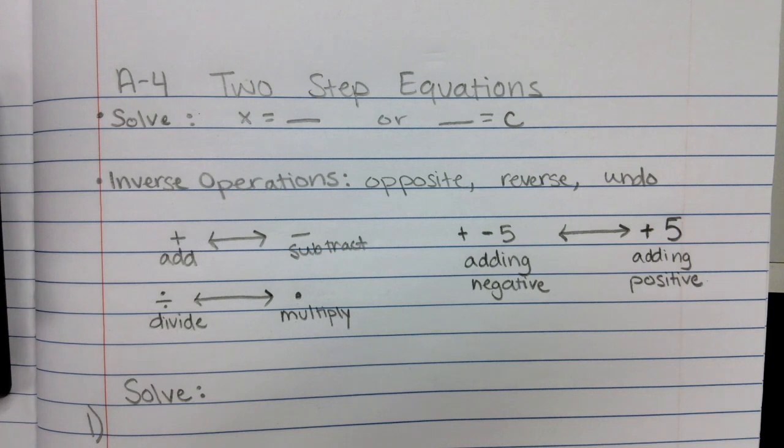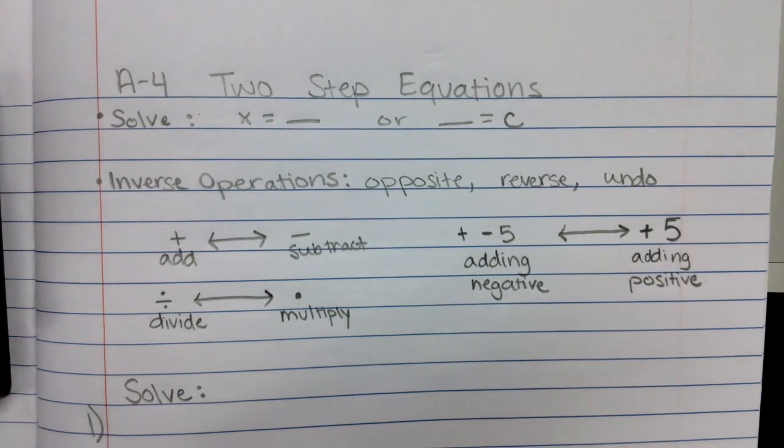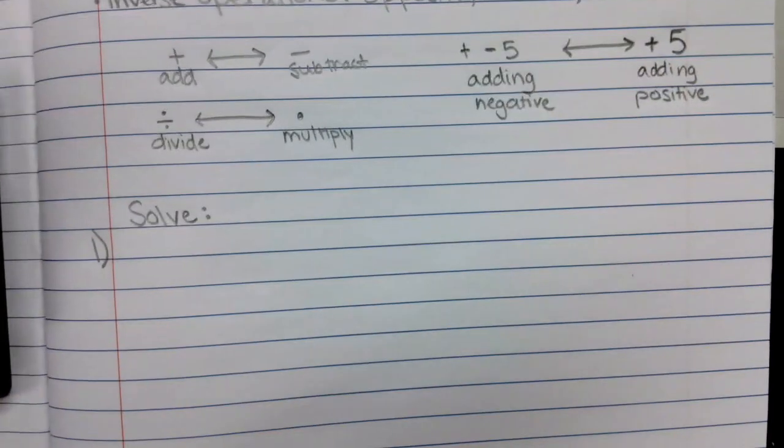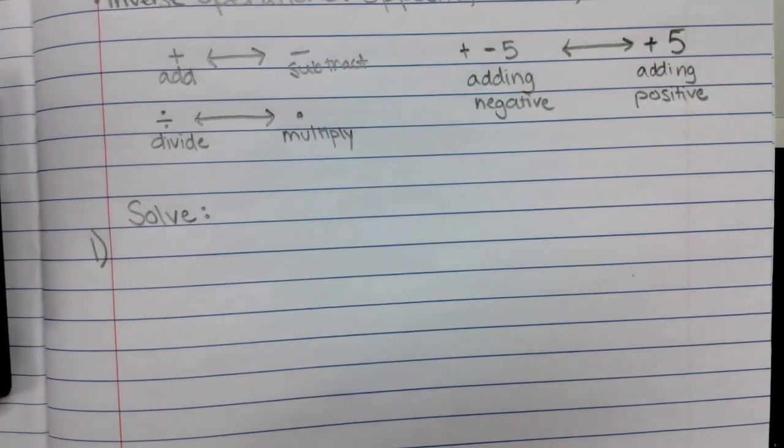All right, so for solve, we're going to start by solving 2c minus 3 equals 13. Remember here, we're focused on that c.